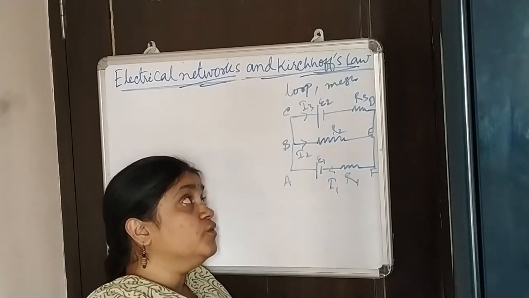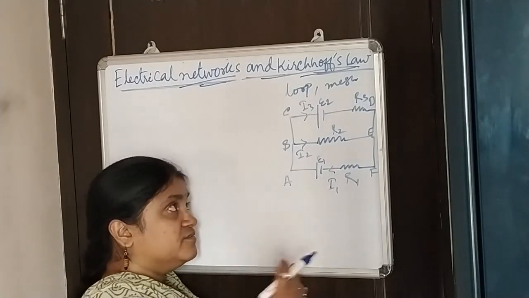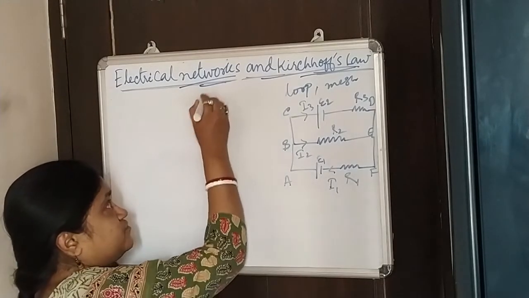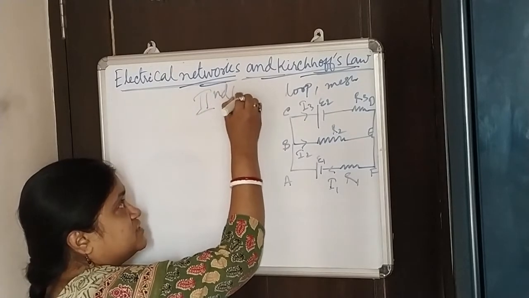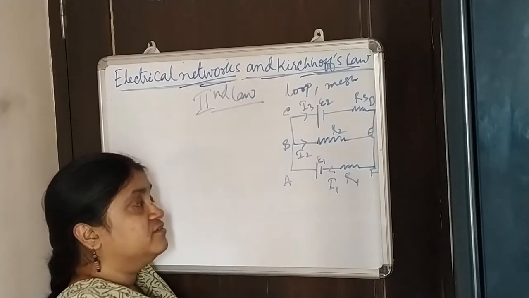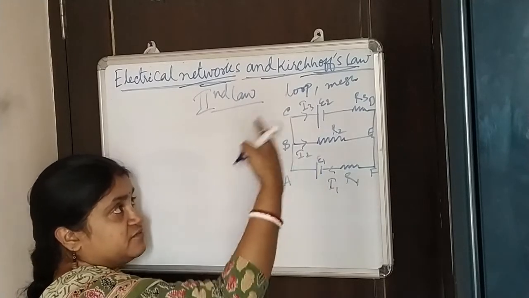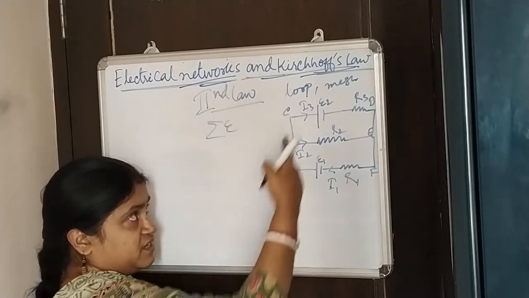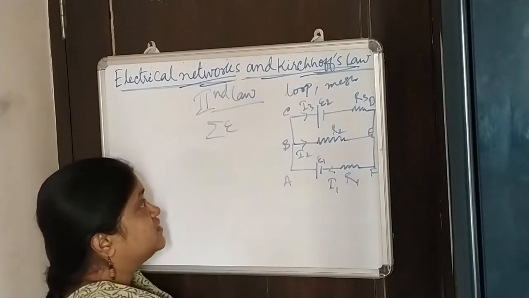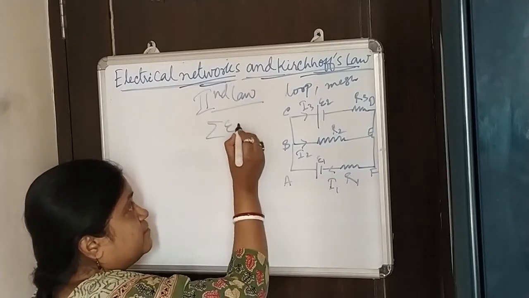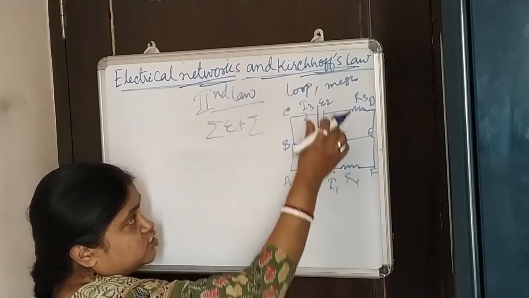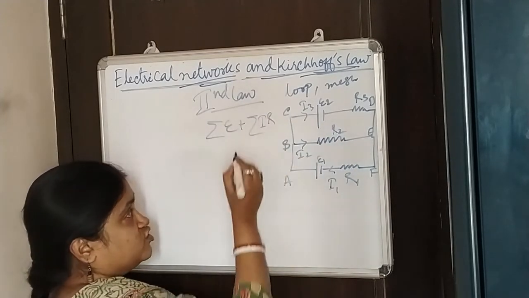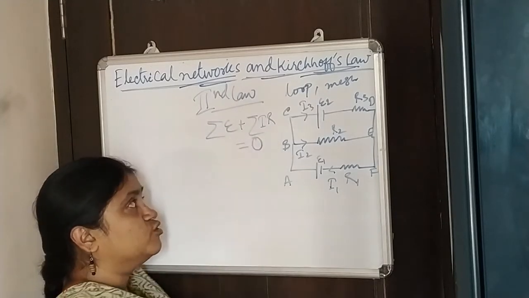So in this way, how do we analyze the path or the flow of current? That's given by Kirchhoff's second law, which says that if there is a mesh or a flow of current, then the sum total of all the EMF plus the sum total of all the voltage drops, that is I times R, for a closed loop should be 0.